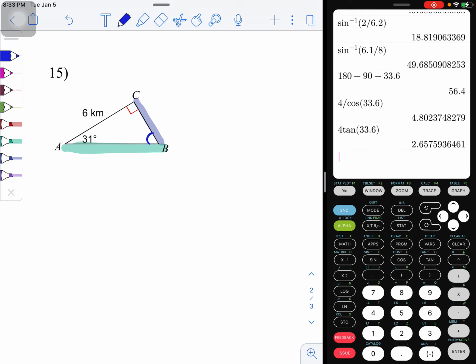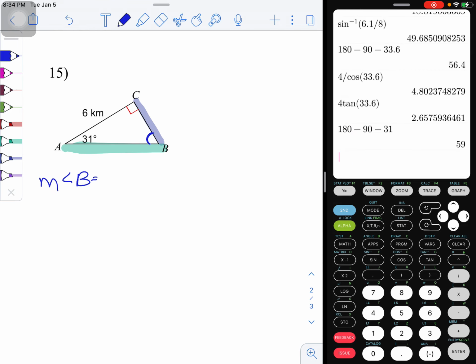So to me, it's always the easiest one to find the angle first if I know two of my angles. So the measure of angle B, so I'm going to do 180 minus the right angle of 90 minus the angle of 31, and I get an angle of 59 degrees.